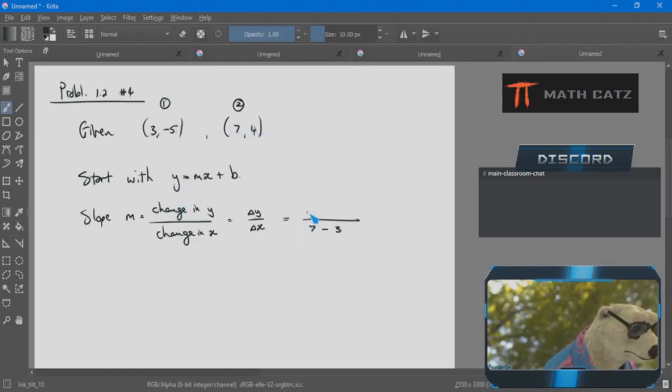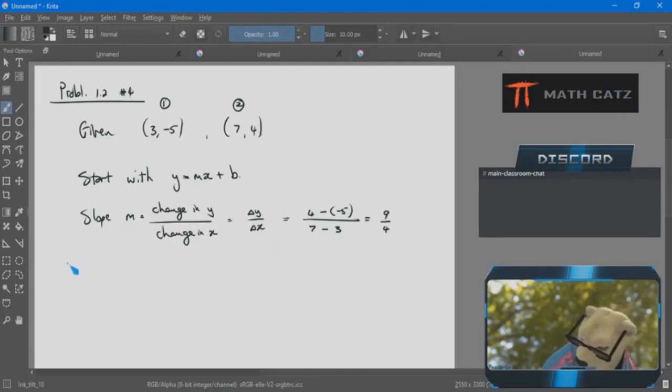Change in y, end minus start. This is going to be a fraction again, isn't it? Man, they just love their fractions. So I get 9/4. So a change of 9 units vertically correspond to a change of 4 units horizontally.